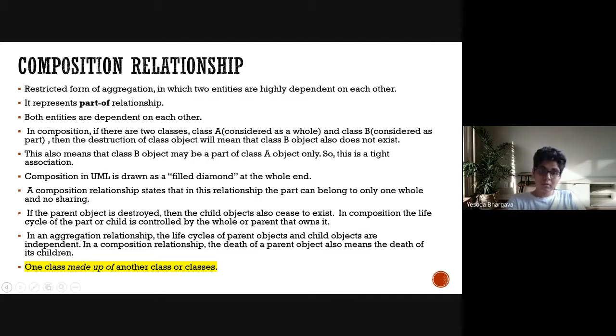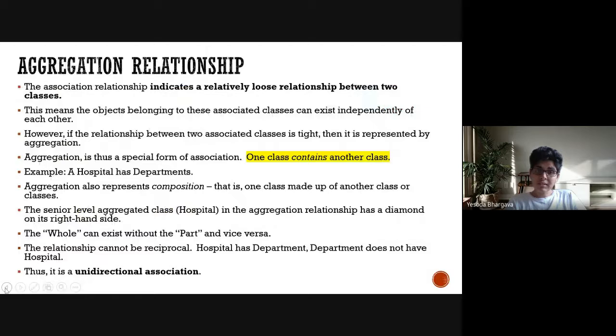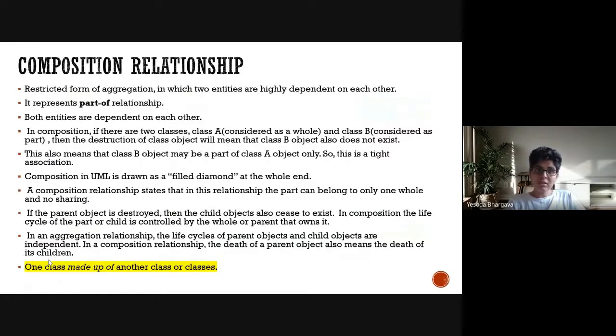The key difference between composition and aggregation is that while aggregation tells you that one class contains the other, as you can see in the highlighted format, the composition relationship is more about one class being made up of another class or classes. And the life cycles of parent objects and child objects are no longer independent in the composition relationship. They were independent in the aggregation relationship.